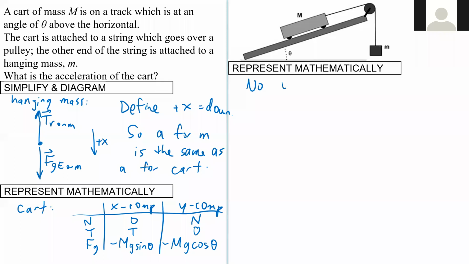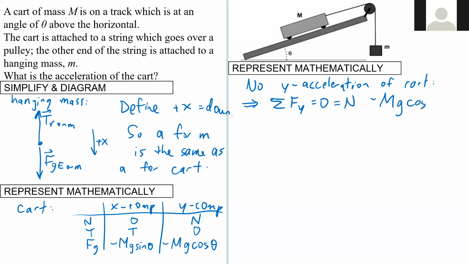So there's no y acceleration of the cart. That's why we set the y axis in that direction. So what that means is that the sum of forces in the y direction equals 0. That's going to be equal to the normal minus M times g times cos theta. So the normal force equals M times g times cos theta.